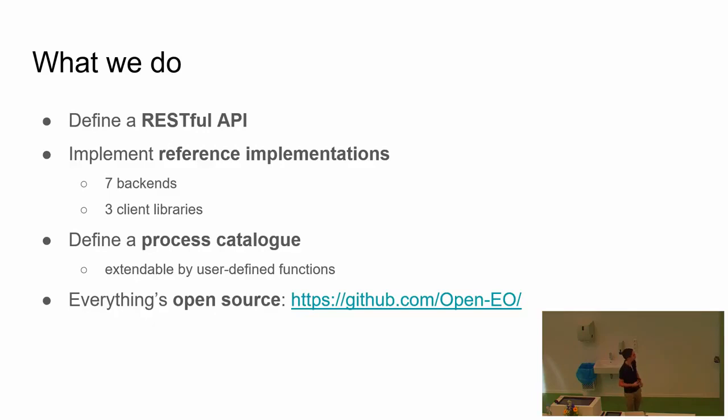We also define a process catalog with processes that should be available on backends or could be available, from stuff like minimum, maximum, to band math, to more complex things like computing an NDVI. And everything we do is open source. So if you go to GitHub, you can download all the stuff we do there and use it for free.